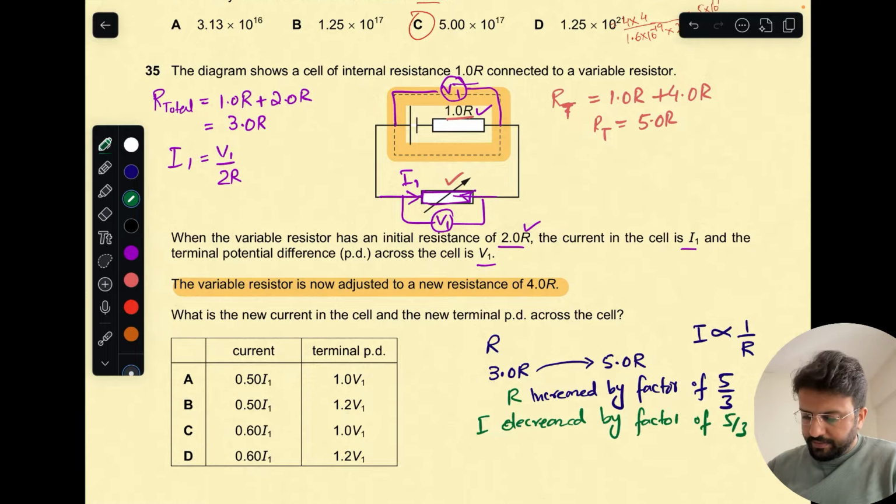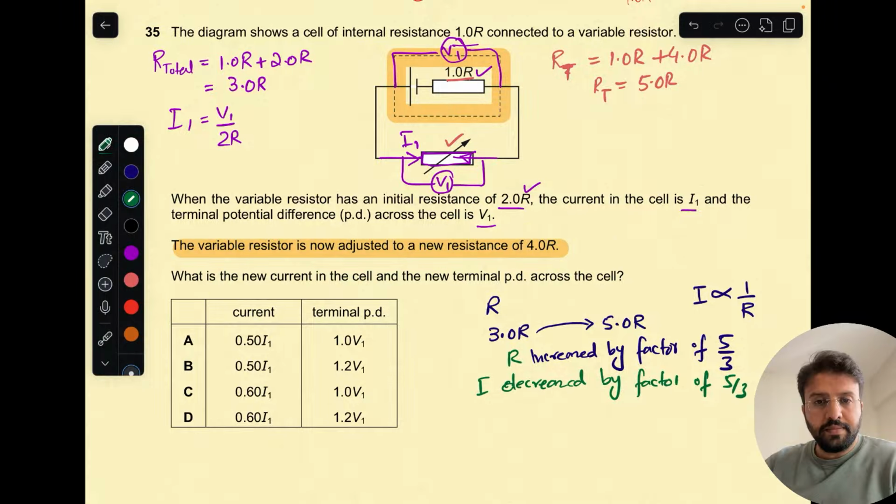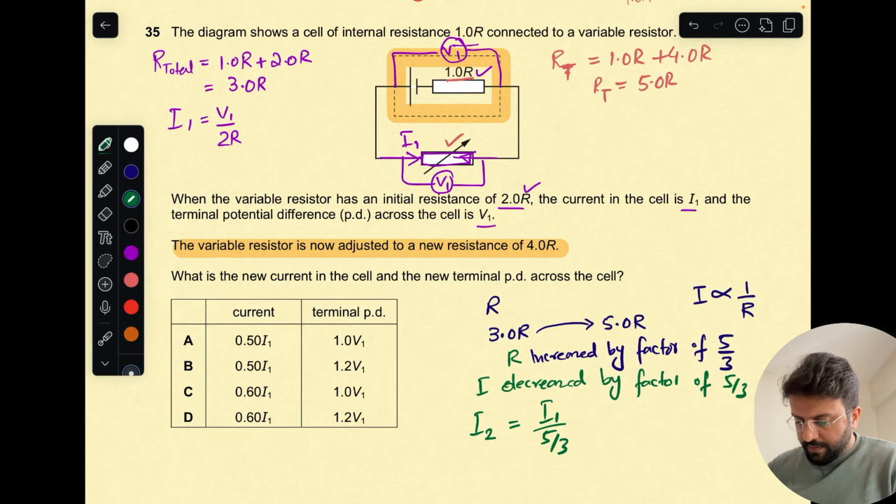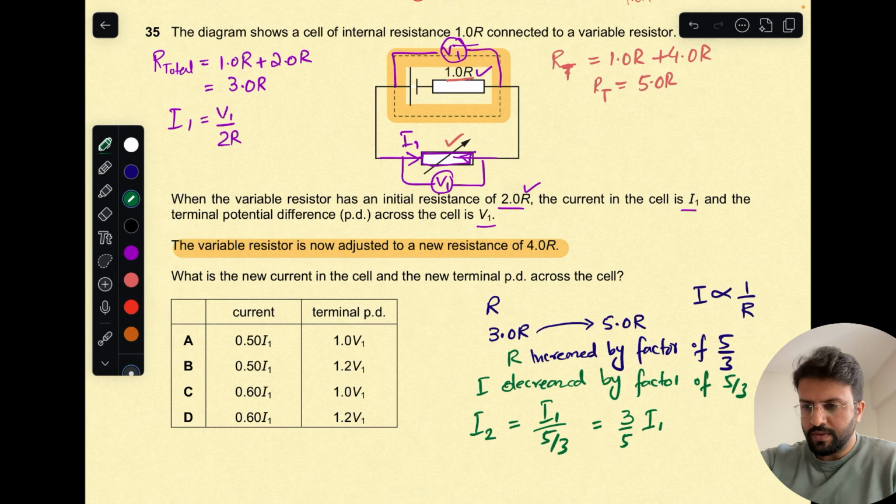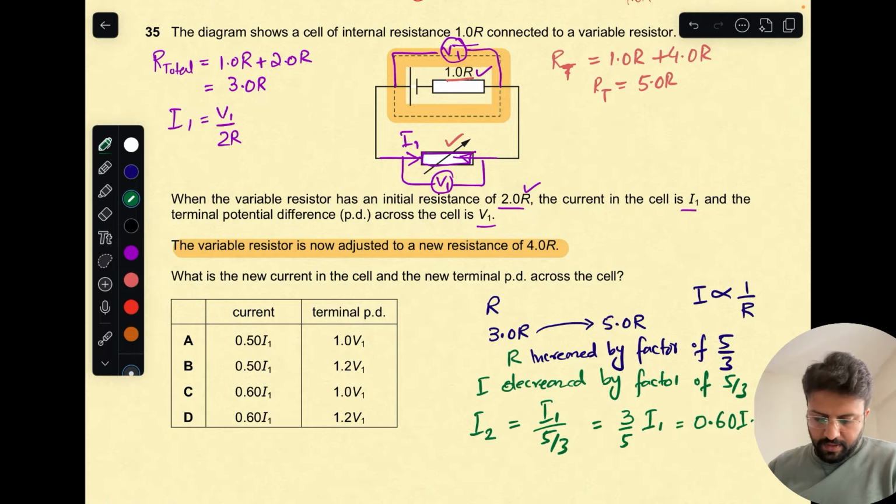The original current was I1, so the new current I2 will be equal to I1, and since it is decreased, you have to divide by 5/3. That will give you 3/5 I1, which is 0.60 I1. So A and B are not the option, we have to choose between C and D.